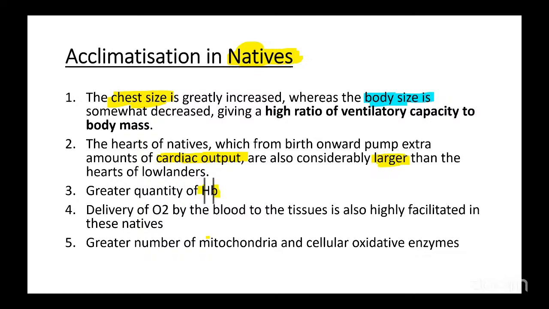They have higher hemoglobin. How much oxygen is given and extracted is also higher. And they have a greater number of mitochondria and better ability to utilize cellular oxidative enzymes. These are various things that natives who have grown up since childhood have when they are living at a high altitude.